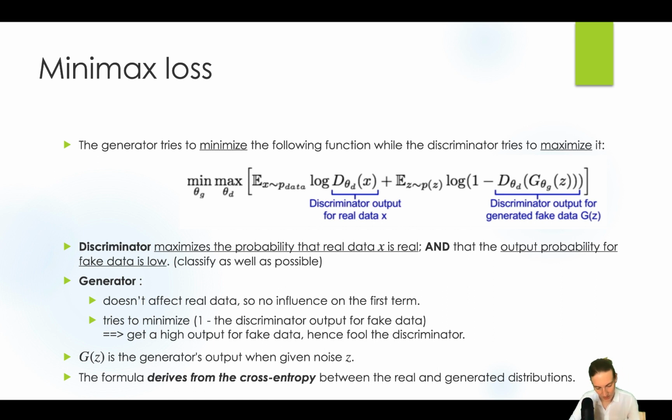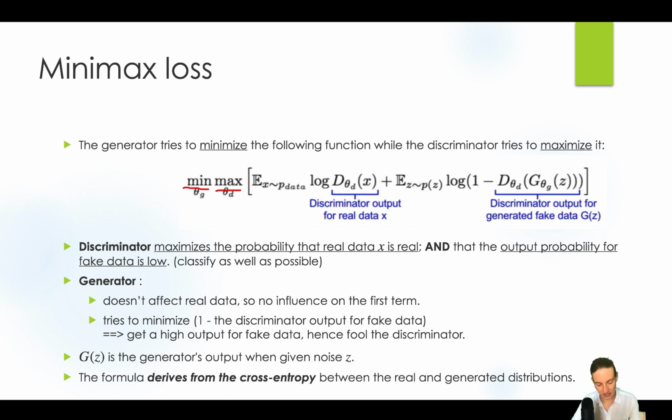The minimax loss basically has one loss function for both the generator and the discriminator, with the difference that the discriminator maximizes the loss and the generator minimizes the loss. So they contradict each other a bit.